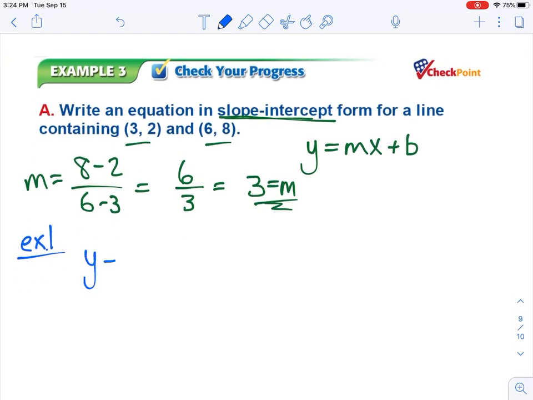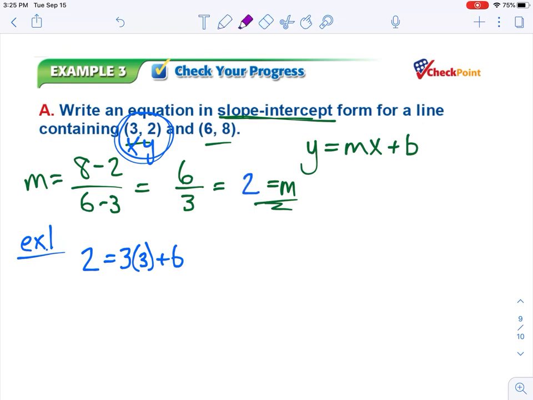I'm going to solve using y equals mx plus b. I know my m, and I know an x and a y value here. So I'm going to plug these in. Y is 2. M is 3, and x is also 3. Oh, I'm so sorry. 6 divided by 3 is not 3, it is 2.